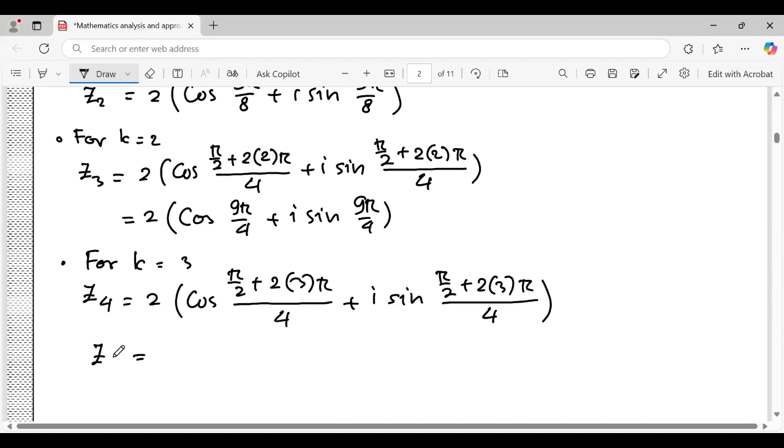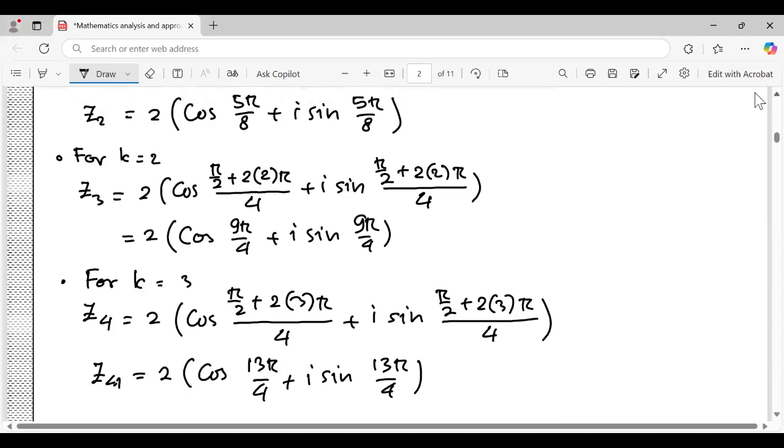This is z4: 2 times cosine 13 pi over 4 plus i sine 13 pi over 4. So we have z1, z2, z3, and z4 already. All right, let's continue to the next question.